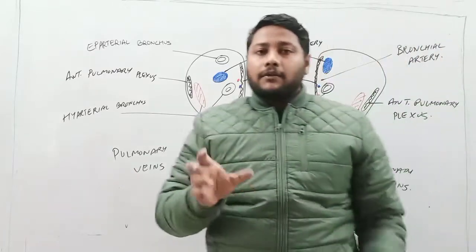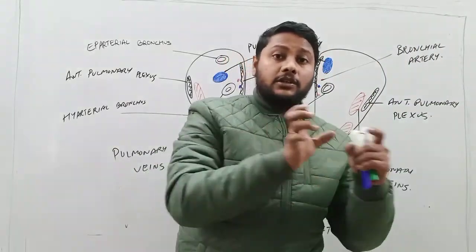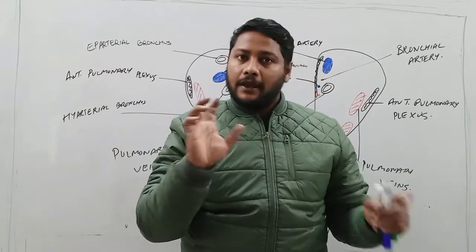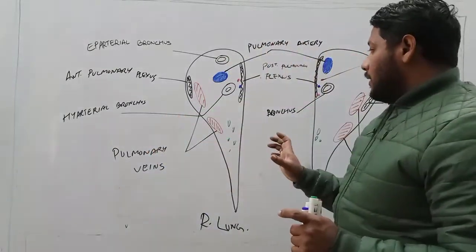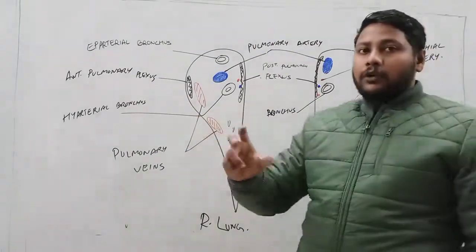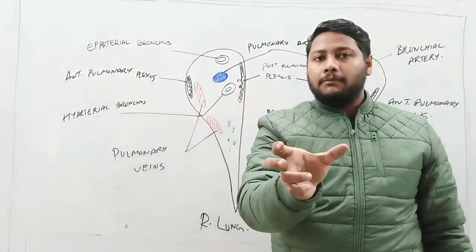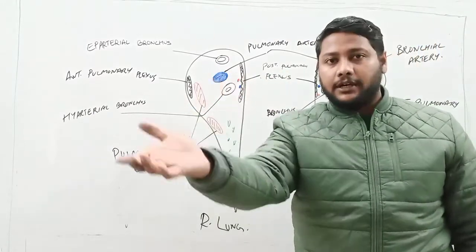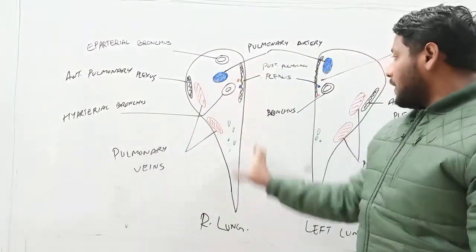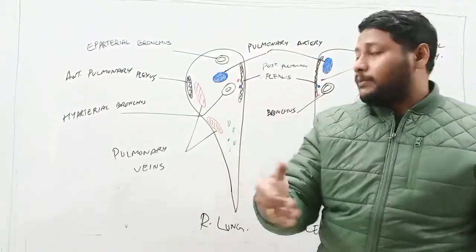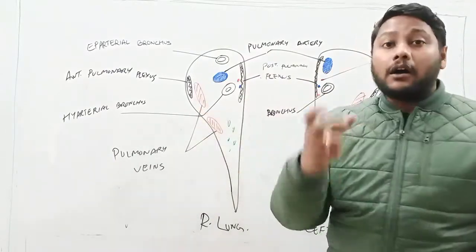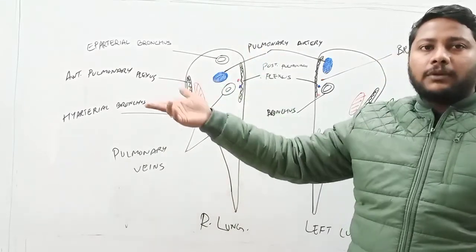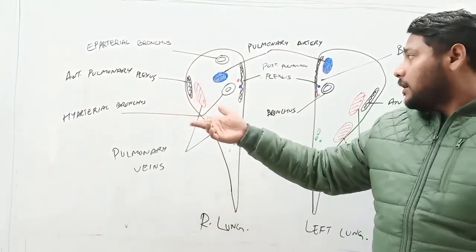Because veins carry deoxygenated blood in the body except in the lungs. Pulmonary veins are the only veins which carry oxygenated blood, and pulmonary arteries are the only arteries which carry deoxygenated blood. So in this particular diagram, the veins will be drawn in red color and the artery will be drawn in blue color, which is opposite to the normal drawing colors, okay?